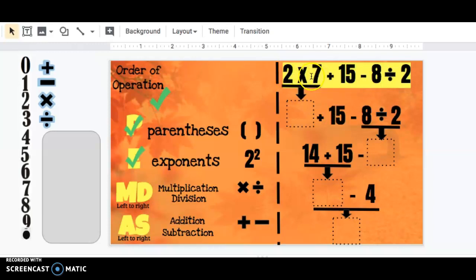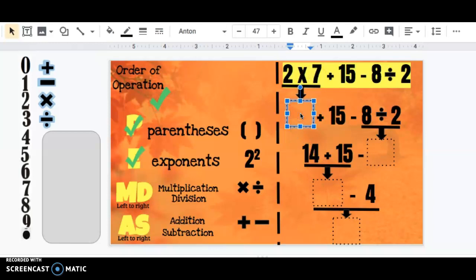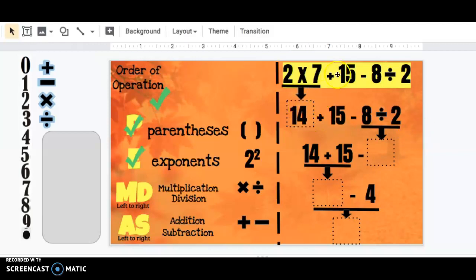So I'm going to do 7 times 2, which if you don't know, you have your reference book where you can reference the multiplication table. So 2 times 7 is 14. So now I have 14 and I bring everything down that I did not underline, I did not touch. So I have plus 15 minus 8 divided by 2, and that's exactly what's up here.